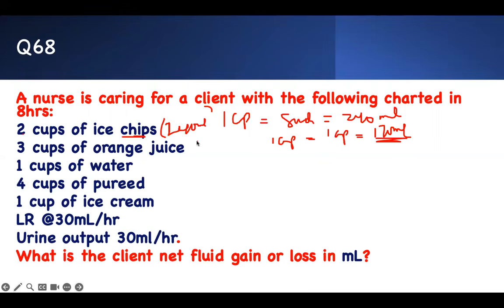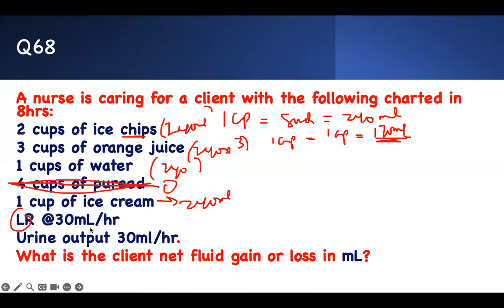3 cups of orange juice, you have 240 times 3. 1 cup of water, 240 times 1. 4 cups of pureed food, you cancel it. Pureed is not part of liquid, so even if it's 4 cups, you don't add it. So this will be 0. That's the key. 1 cup of ice cream is already melted, so 240 ml.